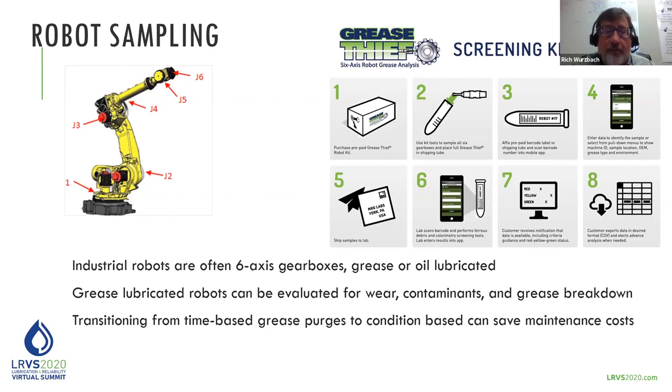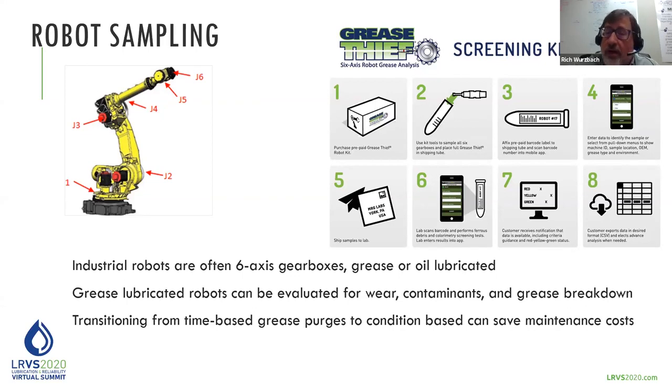So there's this variability, but once we have the grease analysis results, this allows us to transition from this historical time-based grease purge to a condition-based approach. One of the customers we worked with had already documented significant savings of nearly $1,000 per year on each of these robots in saved grease consumption costs.